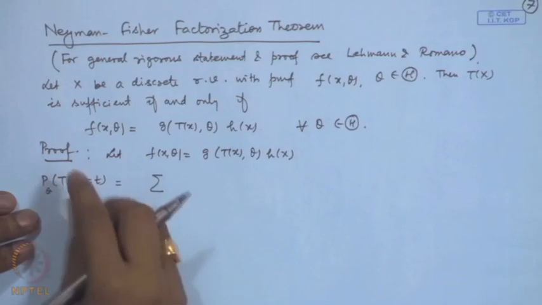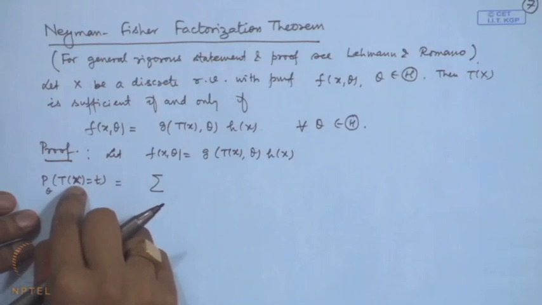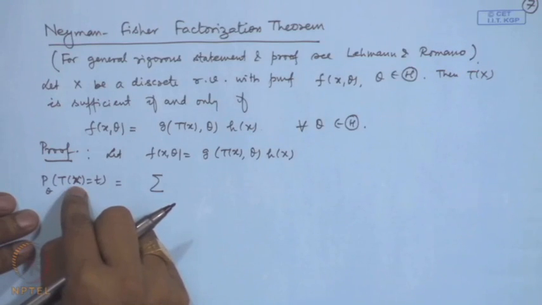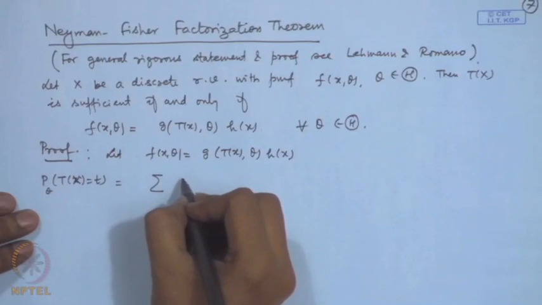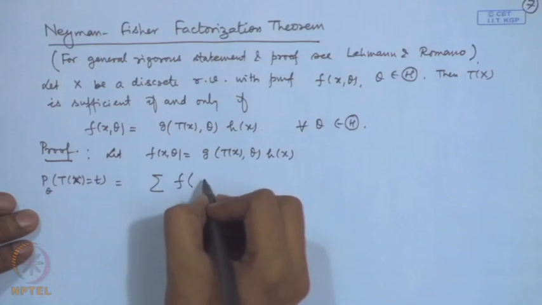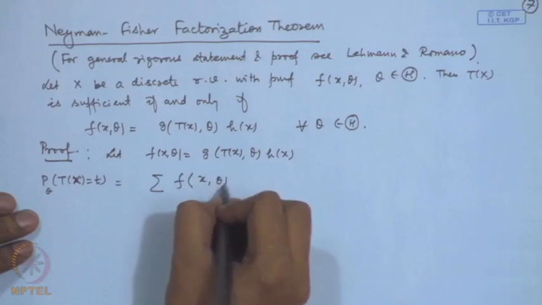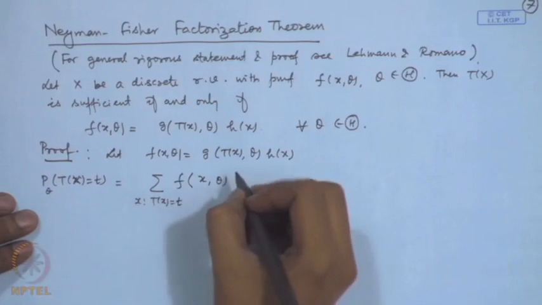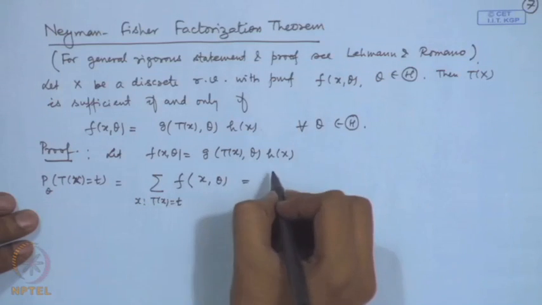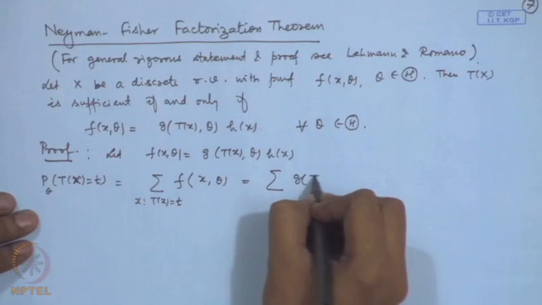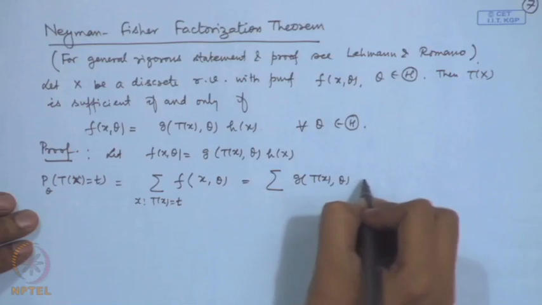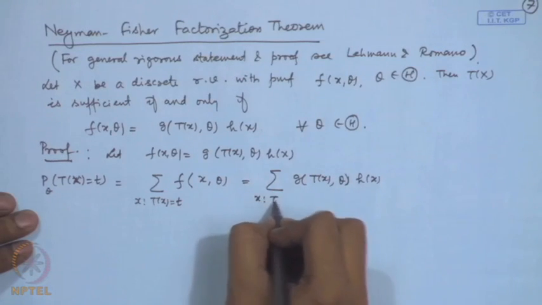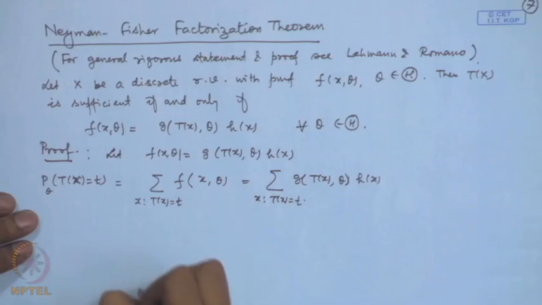Now this is a probability which is involving a function of the random variable X. So, this can be considered as the sum of the probability mass function over those values of x for which T(x) is equal to t. If I am assuming this factorization, I can write it as g(T(x), theta) into h(x), such that T(x) is equal to t.